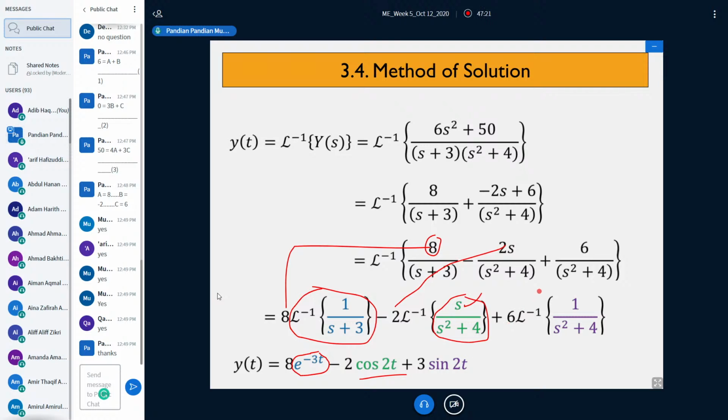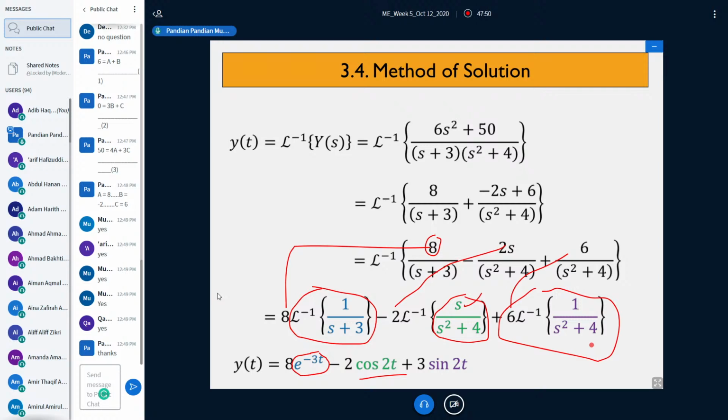Plus 6, this one. You see this one, 6 you took outside. Okay. But if you want to put inside also can. But you must see which formula is suitable for this. Inverse Laplace, if we take out 6 outside, then inverse Laplace of 1 over s squared plus 4, we can use sine kt, the matching.